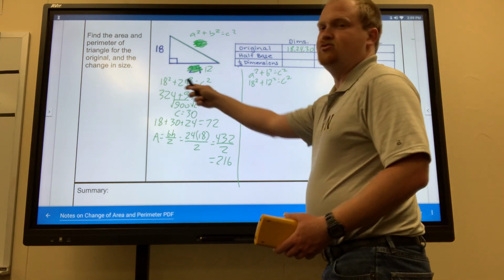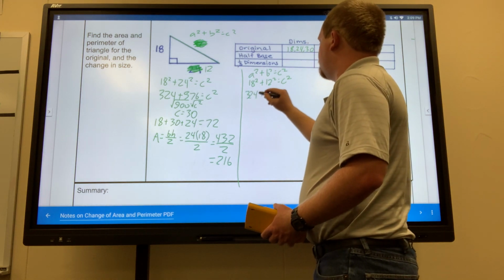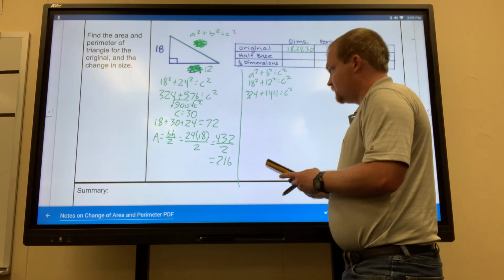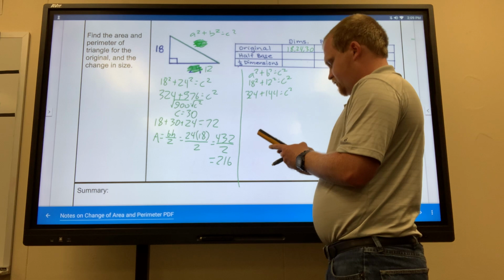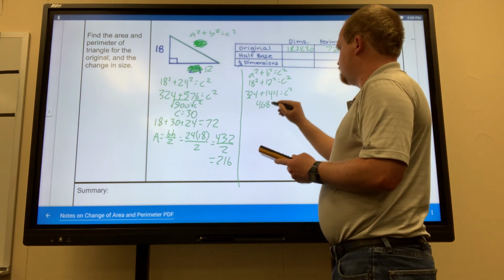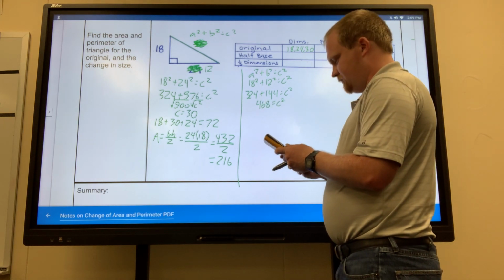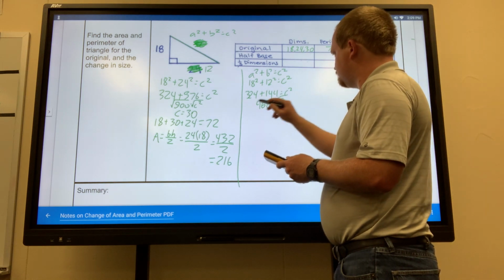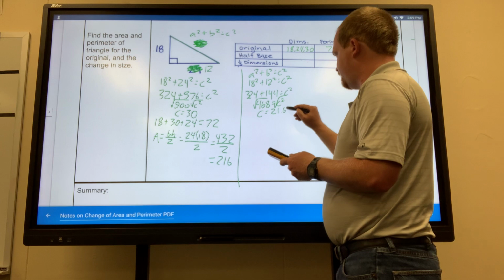Well, I know the 18 squared is 324. 12 squared is 144. So that means I'm doing 324 plus 144, 468. Take the square root of that. C equals 21.63.